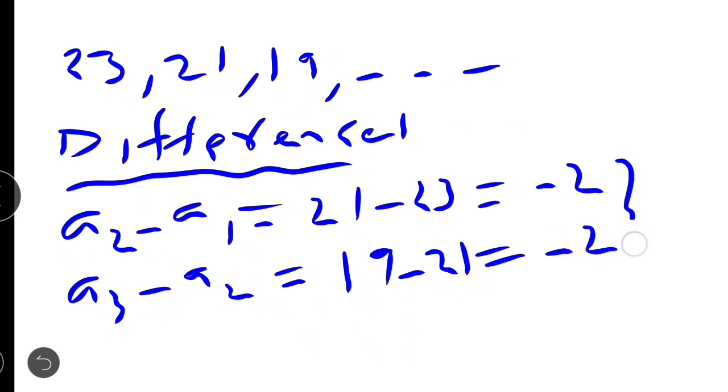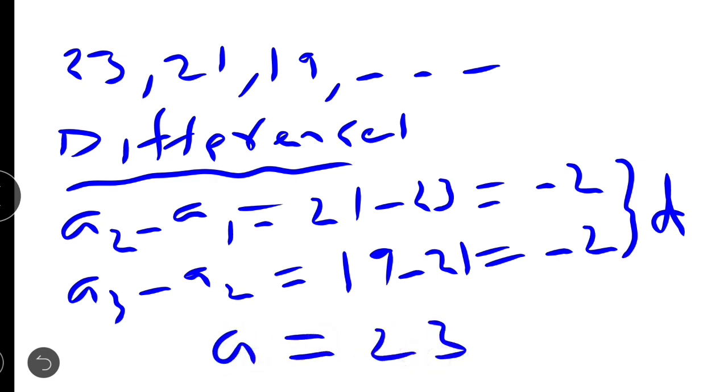So the differences are common, so the list of numbers forms an AP. What is the D value? Minus 2. And the A value? First term 23. He is asking the number of plants in the last row, and there are 10 rows, so the last row is A10.